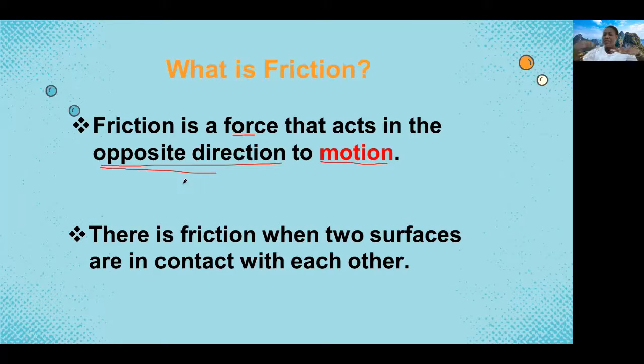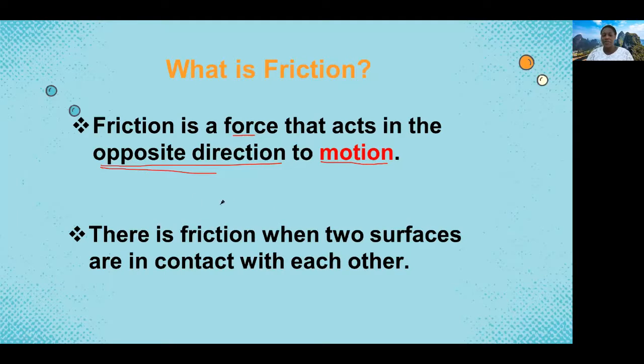When something is moving towards this direction, friction is acting towards the opposite direction. Like when a car is moving, there is always friction acting towards the opposite direction.